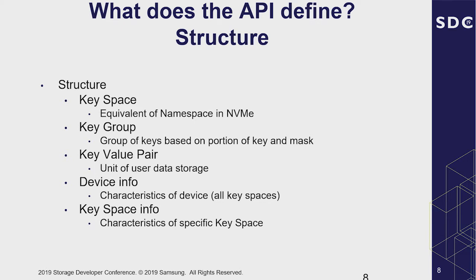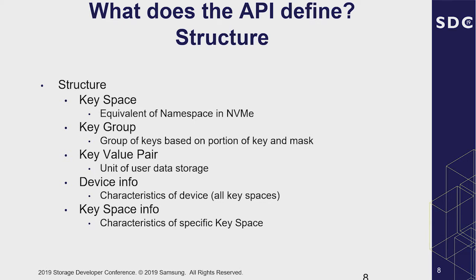So if I have two different key spaces, and I have the same key, they have different values potentially attached to them. They are not unique across multiple key spaces. So there is a uniqueness of your keys within a particular key space.